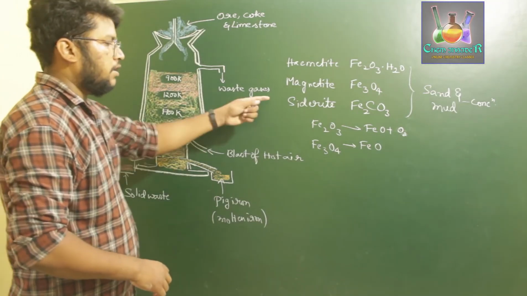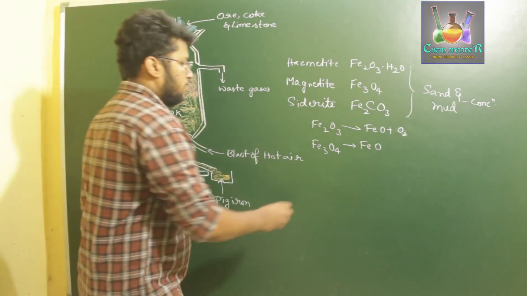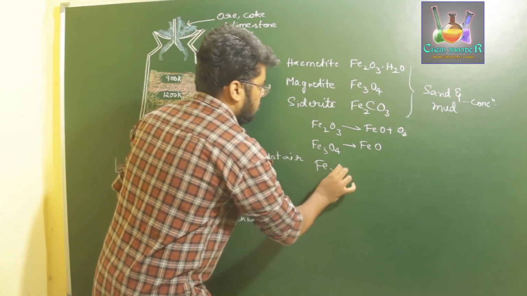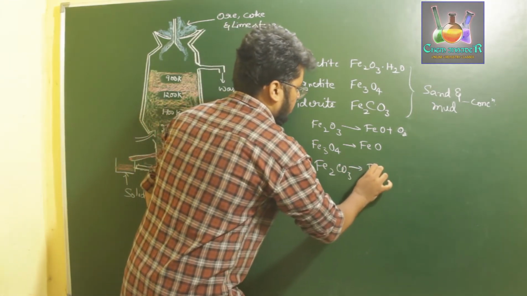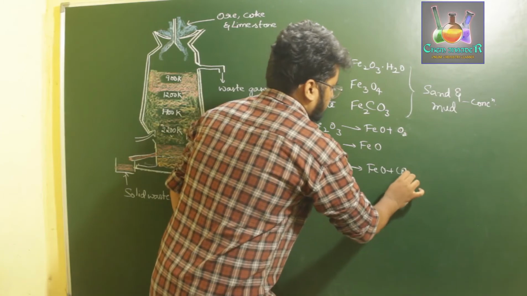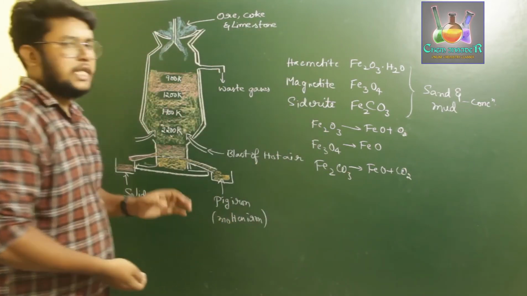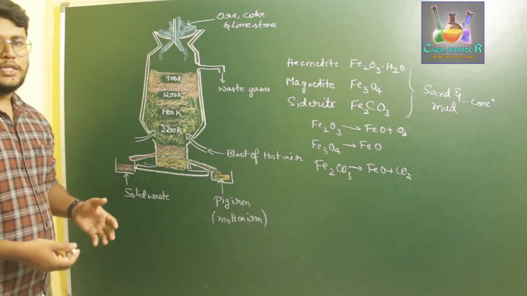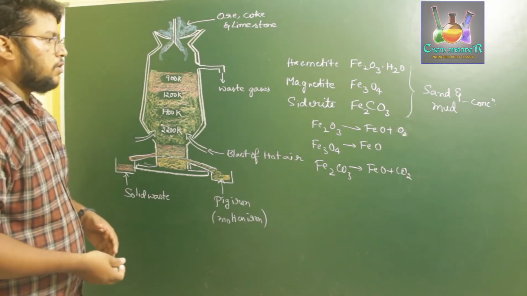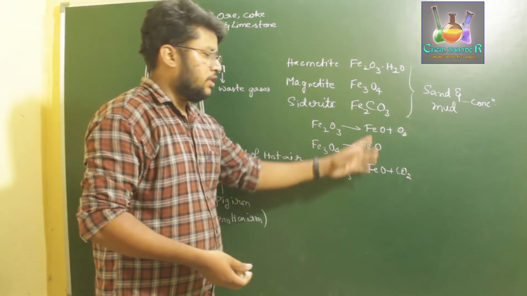In case of siderite, we are going to roast it. Fe2CO3 on roasting gives us FeO and CO2. So this is about the conversion by calcination or roasting before extraction of crude metal. So here what we get is FeO in each case.